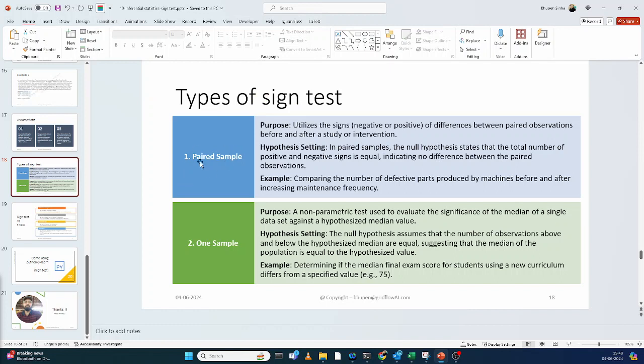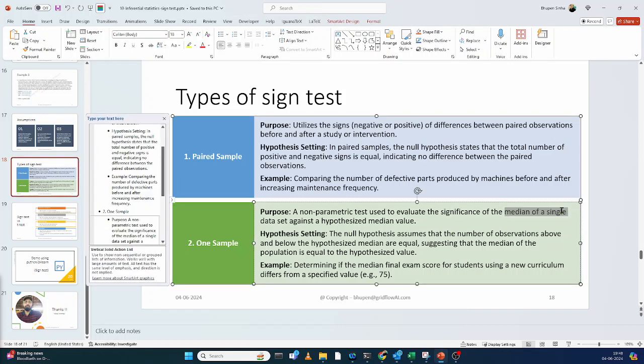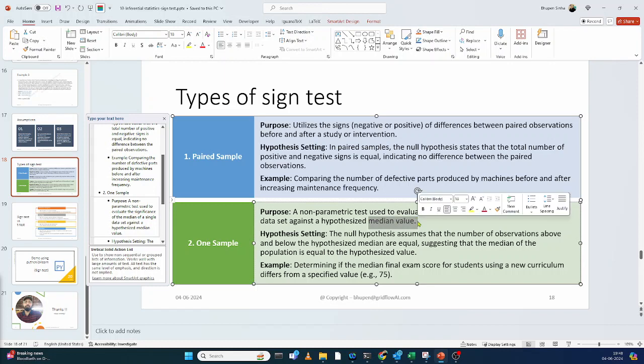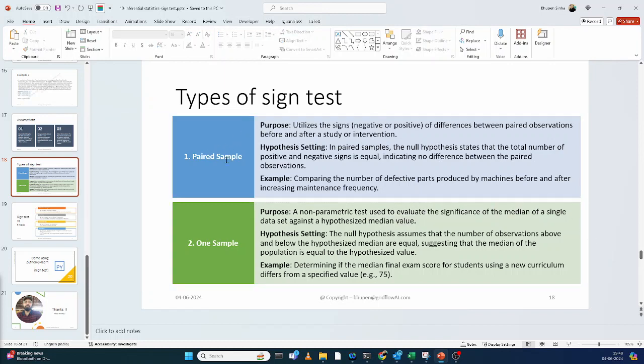We have looked at the Python implementation for both of these. One is a one sample, where you have one sample and you are going to compare the median of a single sample data set against a given median value. Or you have a paired sample set and you would like to compare the median of both the pairs.